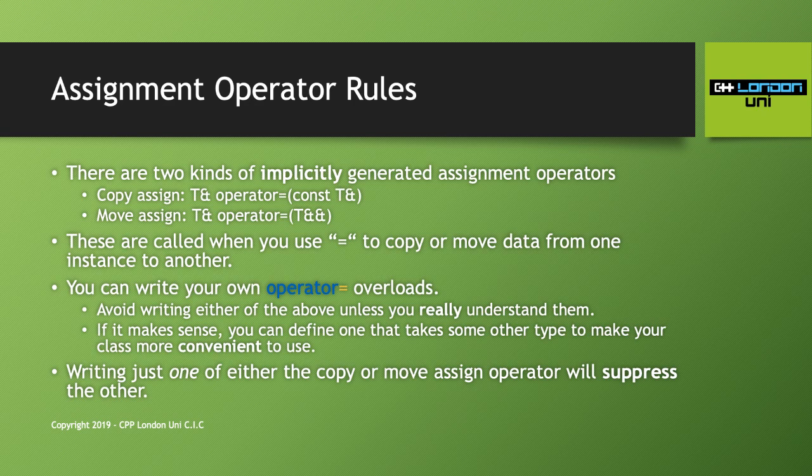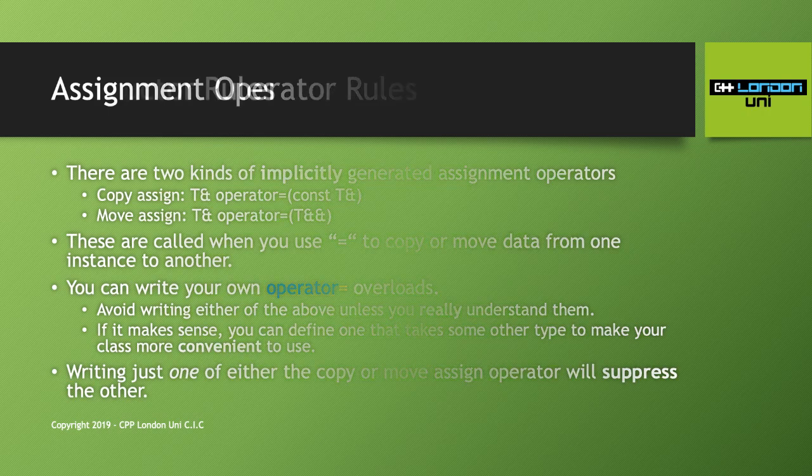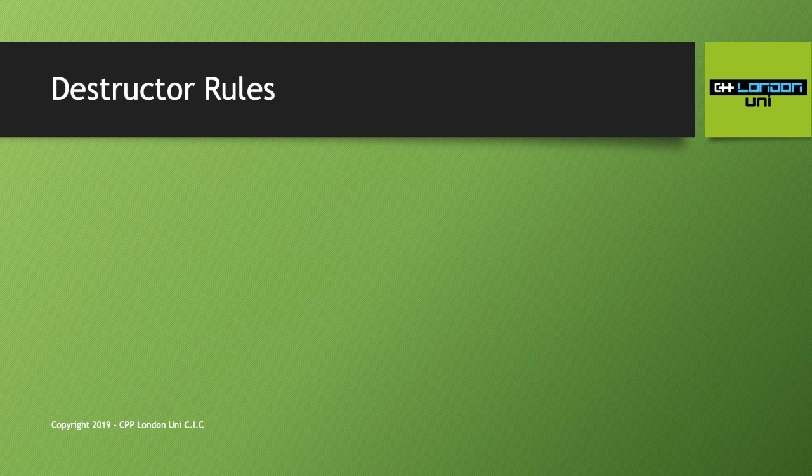And bear in mind that if you write a copy operator, it suppresses the move operator, and if you write a move operator, it suppresses the copy operator. So either write both of them preferably, or don't write either. Okay, on to destructors.